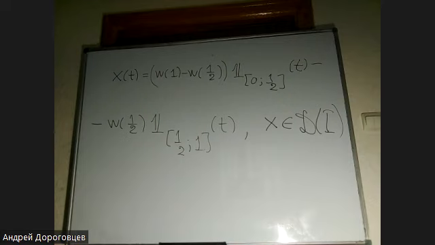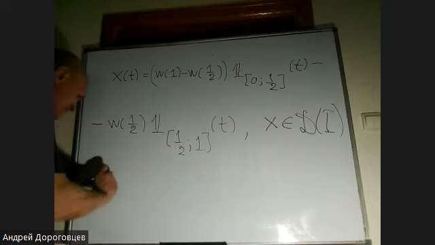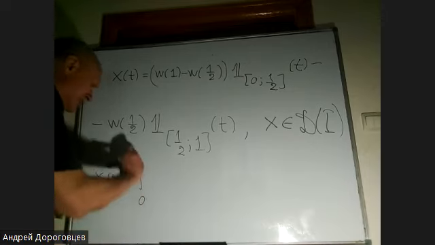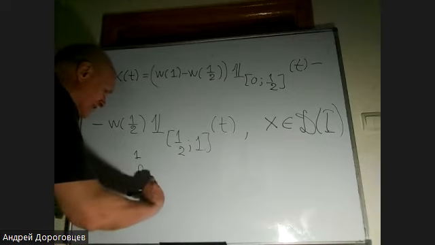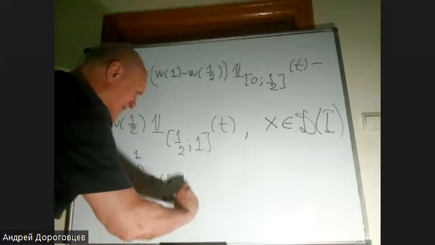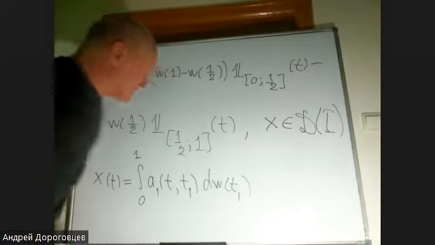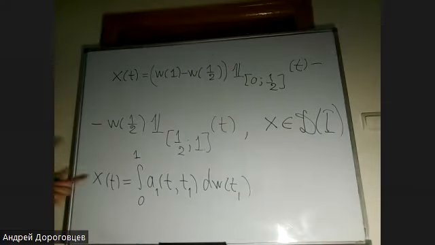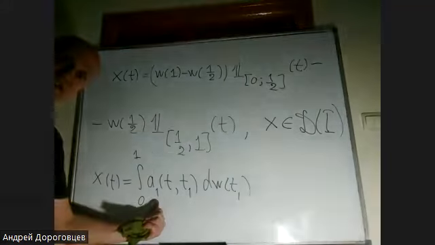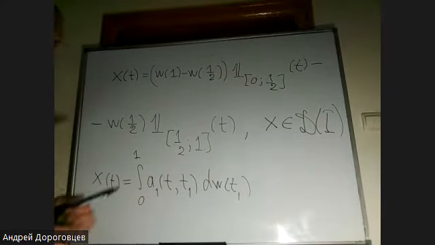Now there's just one integral, so I can write that X(t) is equal to the integral from 0 to 1 of a1(t, t1) dW(t1). And now what we have to do is write the explicit form of this a1 and do symmetrization in order to get the extended stochastic integral.